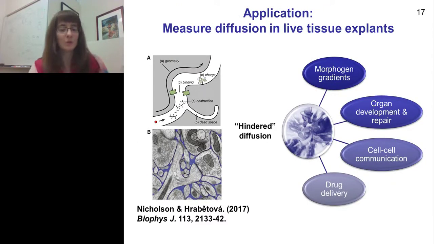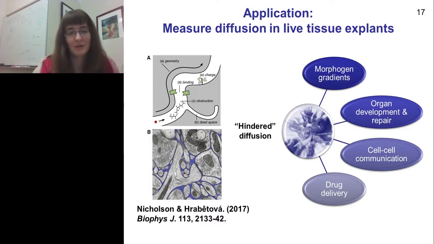Okay, so what might one do with a system like this where you can locally deliver? One of the first applications that we decided to target was to ask, how do molecules move through different parts of the tissue? Because we know that in tissue, you aren't diffusing in a simple way. Instead, you're experiencing what's called hindered diffusion, where molecules have to move through the tortuous spaces between cells.